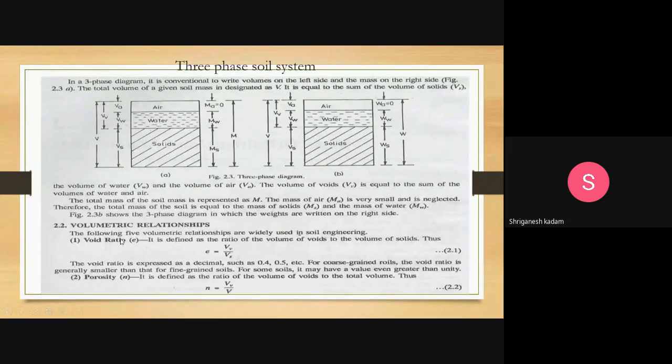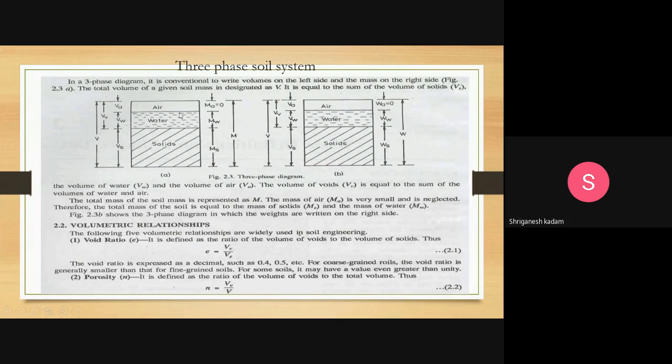So first we will study what is meant by void ratio. The void ratio notation is small e. Void ratio ह्याचं notation काय आहे तर small e. It is defined as the ratio of volume of void to the volume of solids.